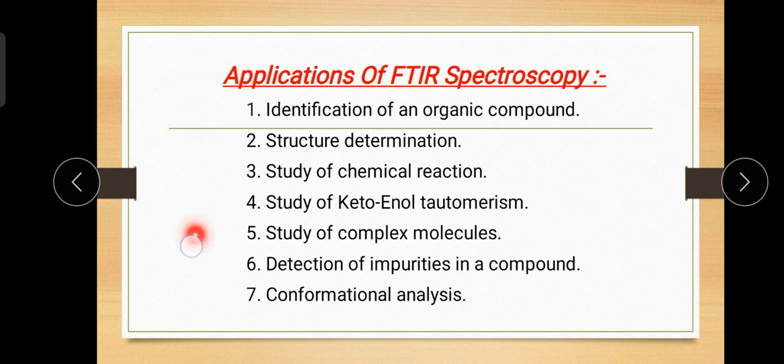So these are all different applications of FTIR spectroscopy, and FTIR spectroscopy is used in a variety of ways and in different fields. Here we have studied some of these applications, but FTIR spectroscopy has a wide range of applications in different fields.